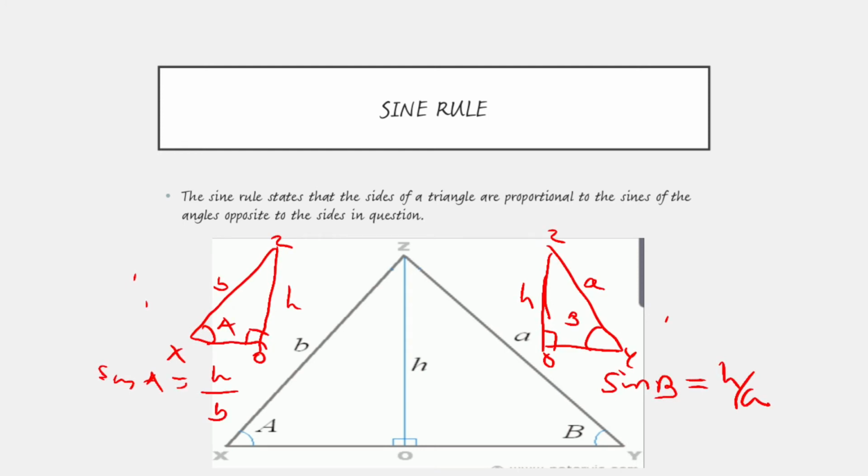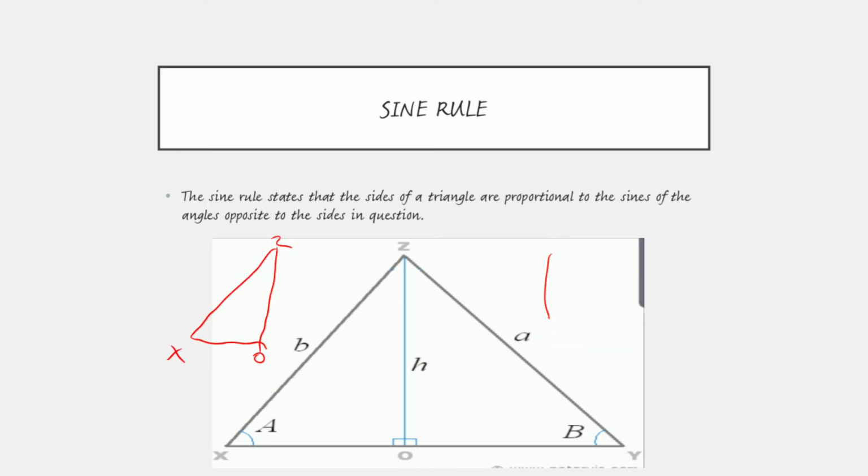Making H the subject from each side, from this one we have B sine A equals to H. From this one too, by cross multiplying, we have A sine B equals to H. Then we equate H to H, so the first one equals the second one.